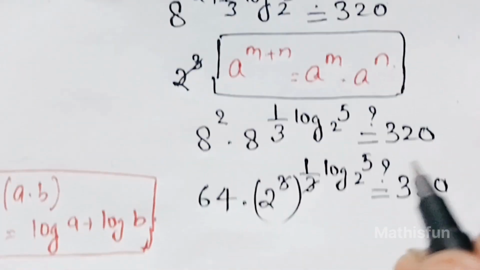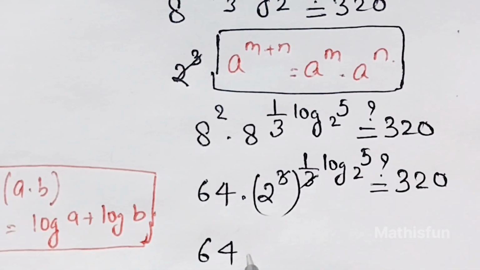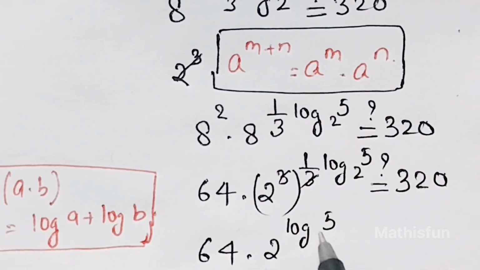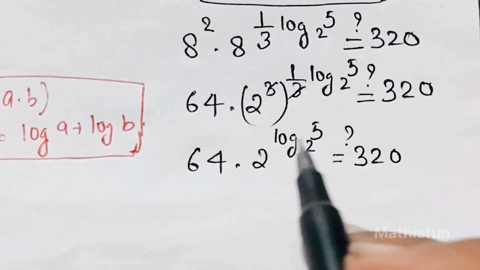From here 3 got cancelled. So we are left with 2 to the power log 5 base 2 is equal to 320.